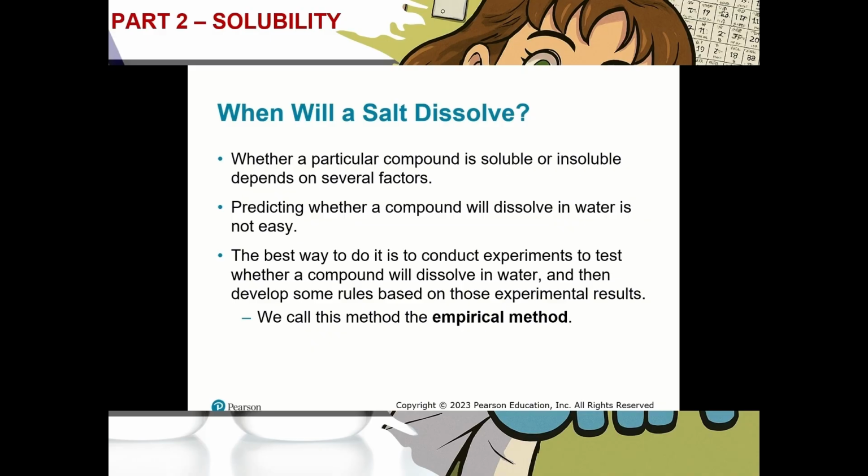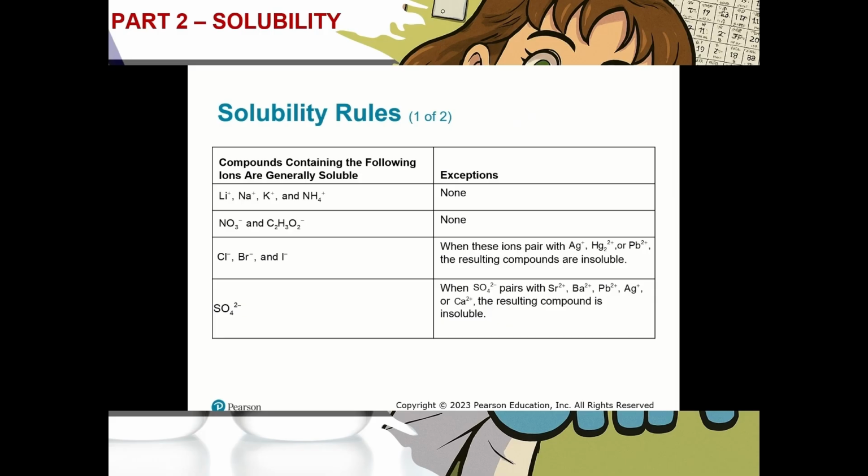The best way is to conduct experiments to test whether a compound will dissolve in water or not, and then we can develop some rules based on those experimental results. We call this the empirical method because we experiment, and then based on the results, we can write the rules.